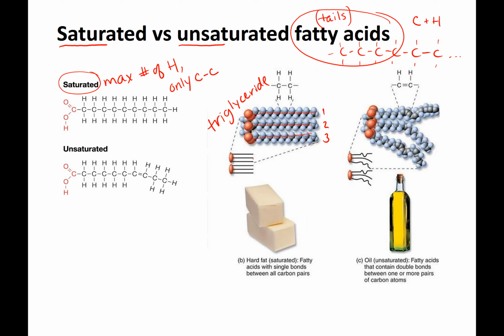And saturated ones, because they have these long tails, you can see that they can pack together tightly. So at room temperature, they're semi-solid, right? Butter's not solid like a table, but semi-solid, because they can pack together so tightly.